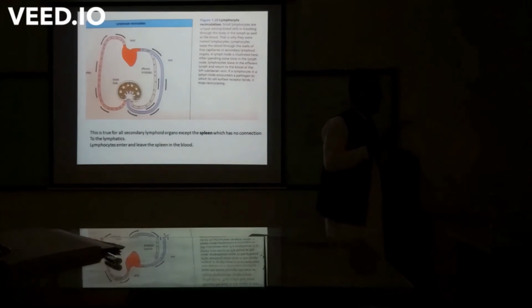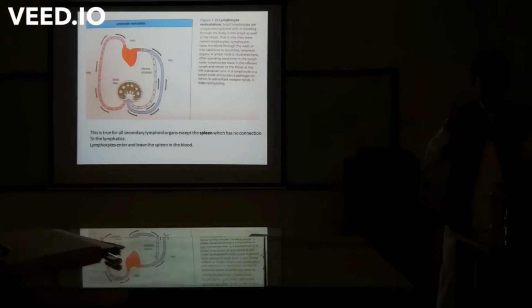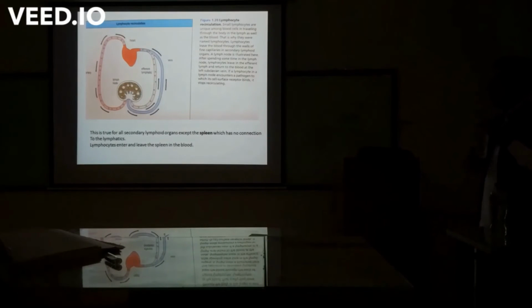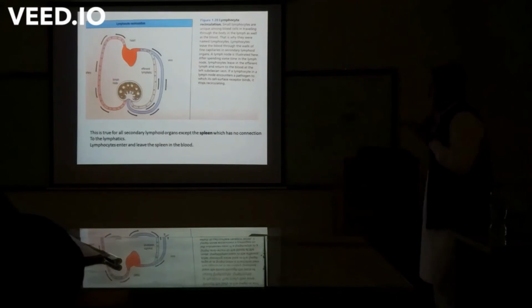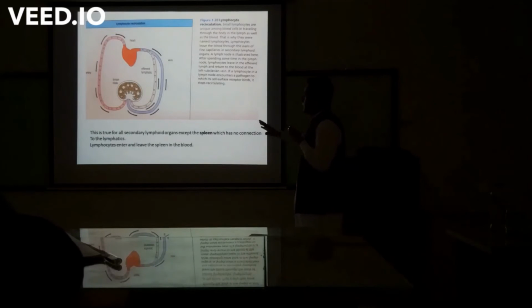In all secondary lymphoid tissues, if it is the gut-associated lymphoid tissue, like the adenoids, for instance, or tonsils, or parts of the intestines that we are talking about, all these are secondary lymphoid tissue.